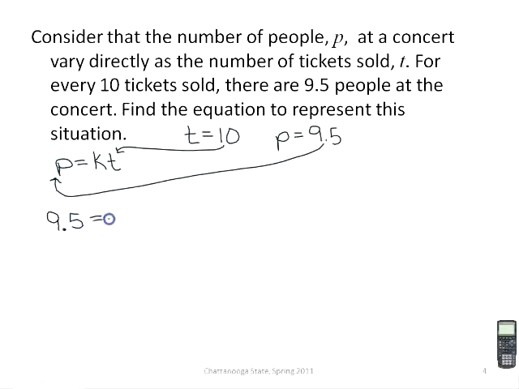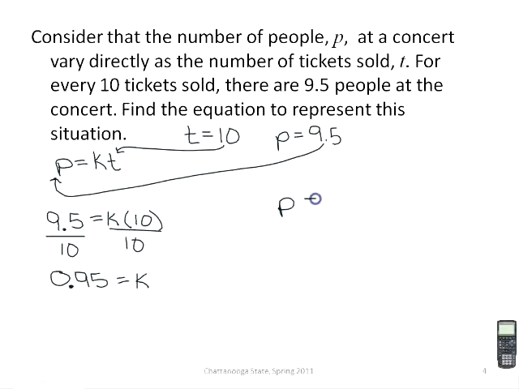So we have 9.5 equals K times 10. To get the K, of course, we divide by 10. So 9.5 divided by 10 would be 0.95. So that is my K. That is my constant of proportionality.